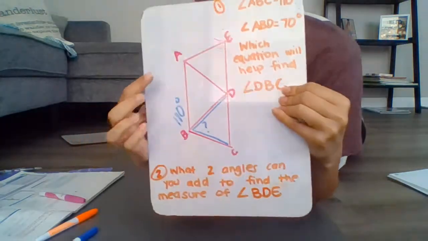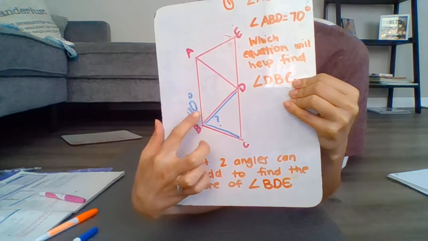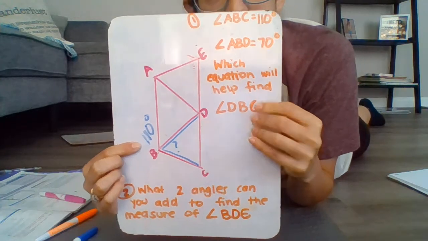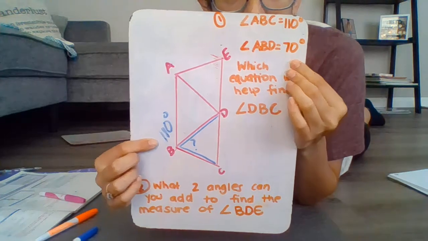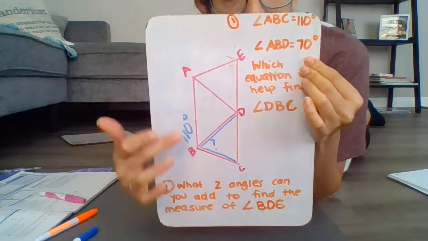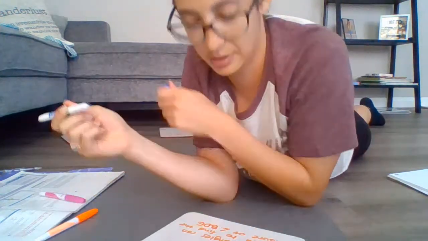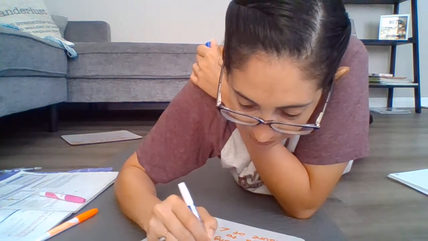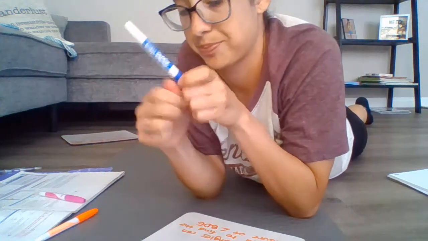Okay, so A, B, C. So that means that this angle right here is equal to 110 degrees. It's an obtuse angle. It's bigger than 90 degrees. And I know that angle ABD is equal to 70 degrees.